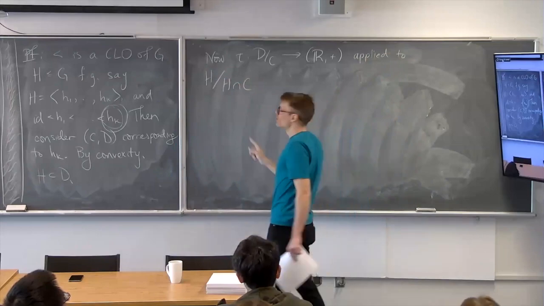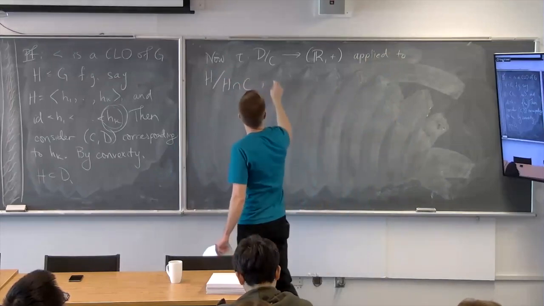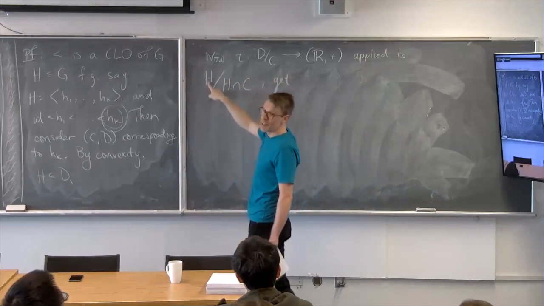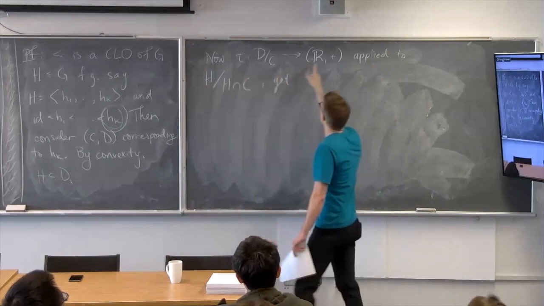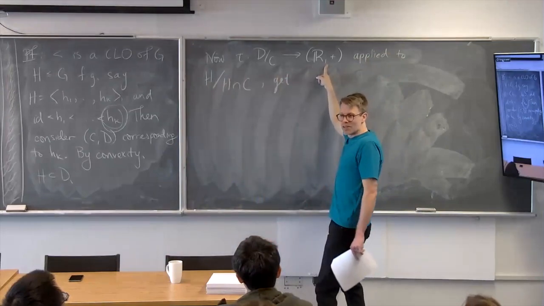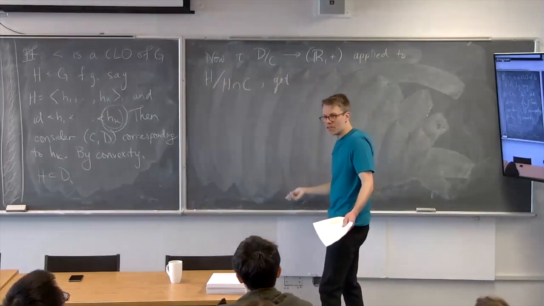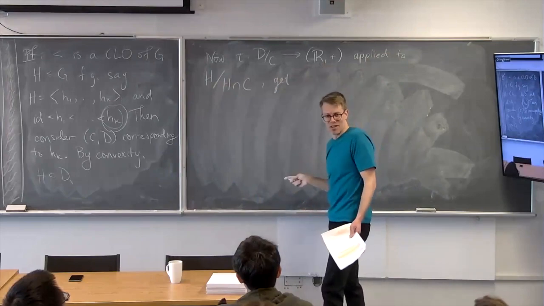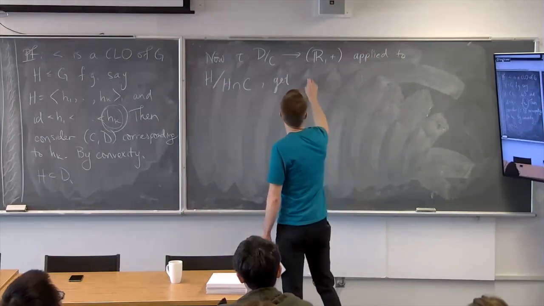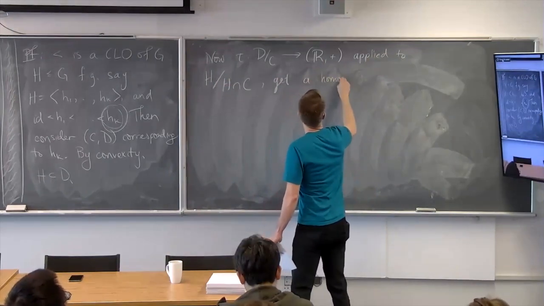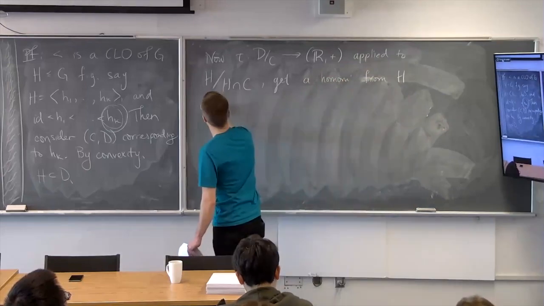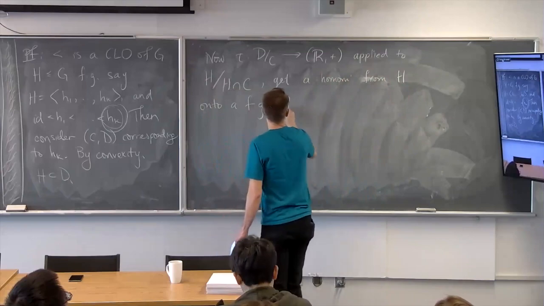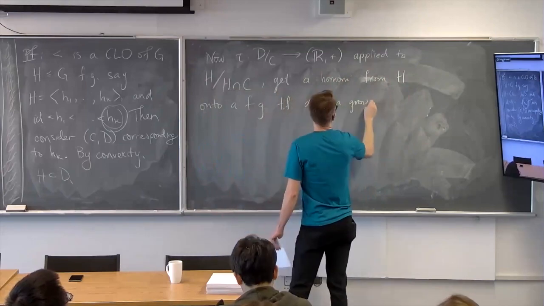Then you're going to get a non-trivial image of this finitely generated subgroup inside of this torsion-free abelian group. So certainly you can compose this with another map if necessary to get a map onto Z. So we get a homomorphism from H onto a finitely generated torsion-free abelian group. And that's enough.